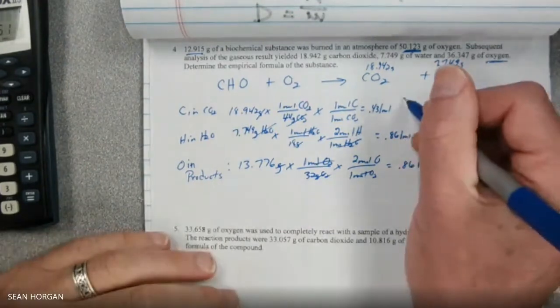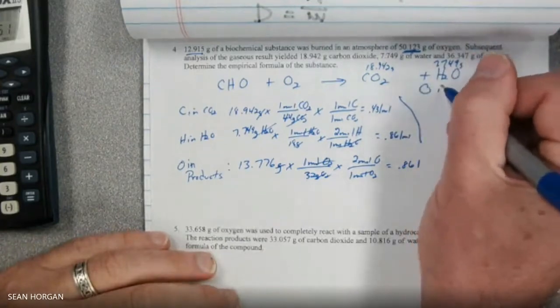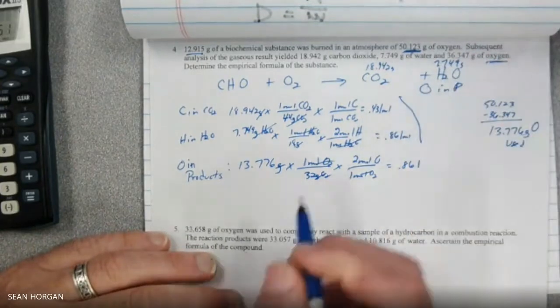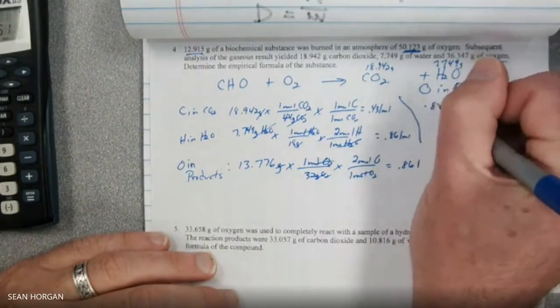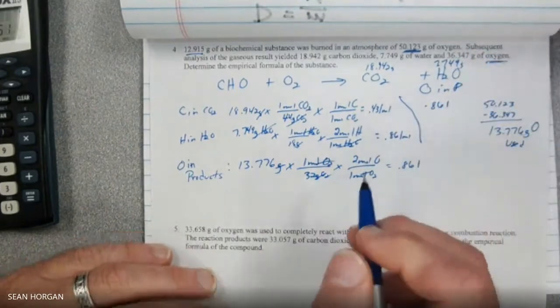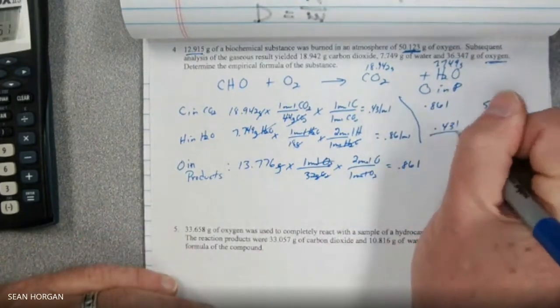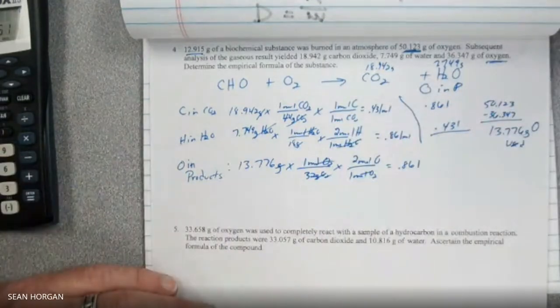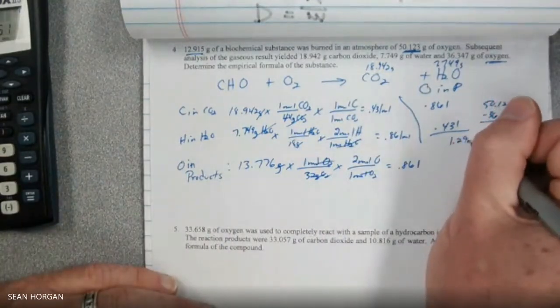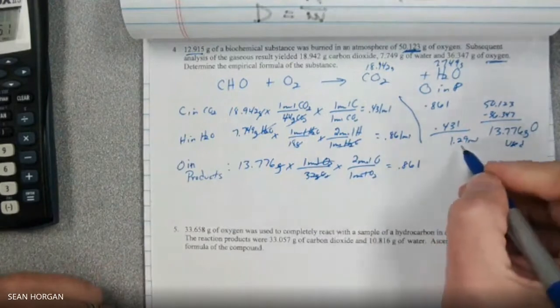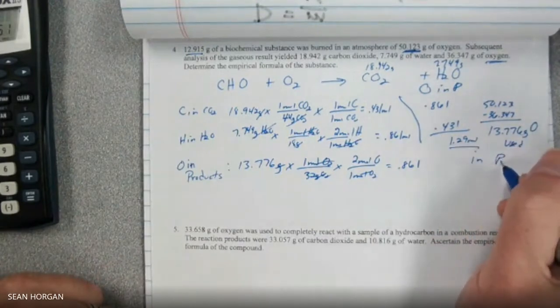Okay, now we got to figure out the amount of O in products. So we're supposed to double this one, so 0.861. We're supposed to have this one, 0.43. When we add them up, we end up with 1.29. Okay, so this is the amount of O in the products.